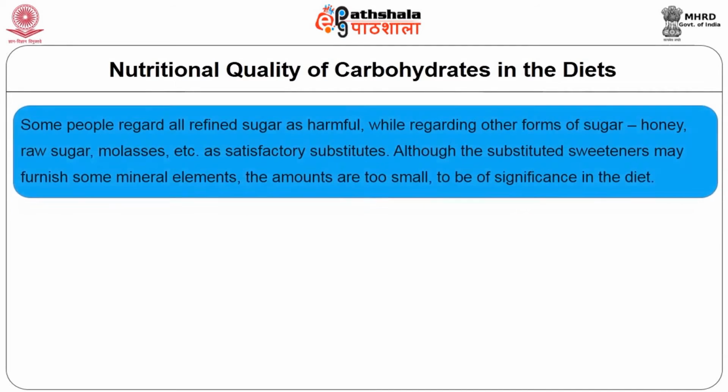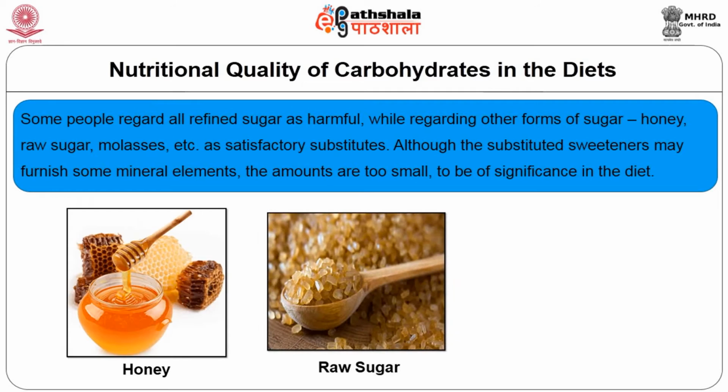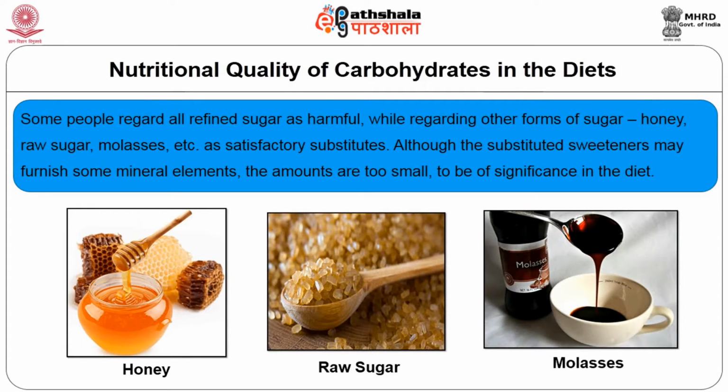Some people regard all refined sugar as harmful, while regarding other forms of sugar, honey, raw sugar, molasses etc. as satisfactory substitutes. Although the substituted sweeteners may furnish some mineral elements, the amounts are too small to be of significance in the diet.